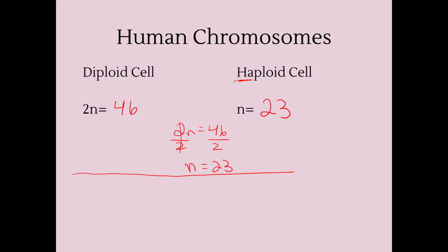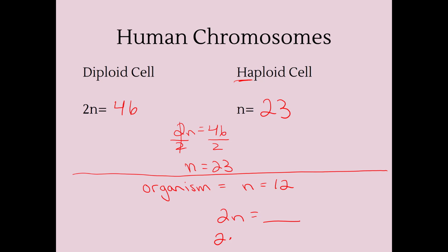Now, if I gave you another example, if my organism has n equals 12, I want to figure out how much my diploid is. You can just plug that into the equation. 2n equals question mark.